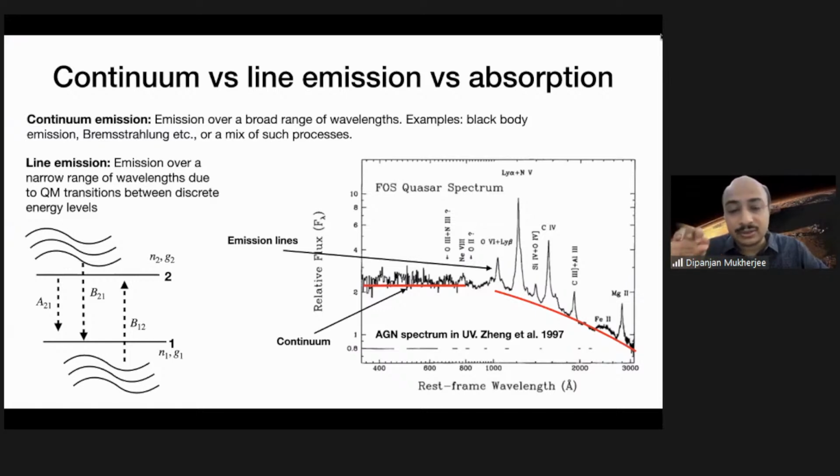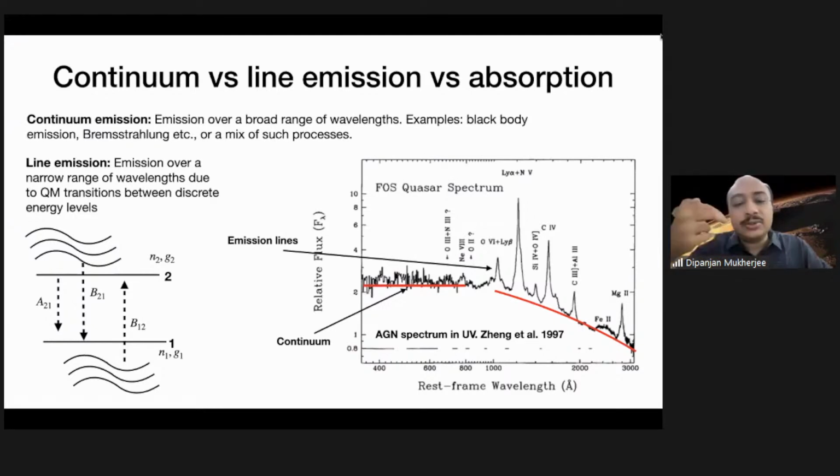Of course, you have quantum mechanical probabilities, and broadening due to other factors which I'll come to later. But essentially, from the point of view of atoms, it is just a transition between two states. However, the states can be continuous, or the difference between different states can be very small. That is why you have many different transitions at slightly different frequencies, giving you a continuum emission.